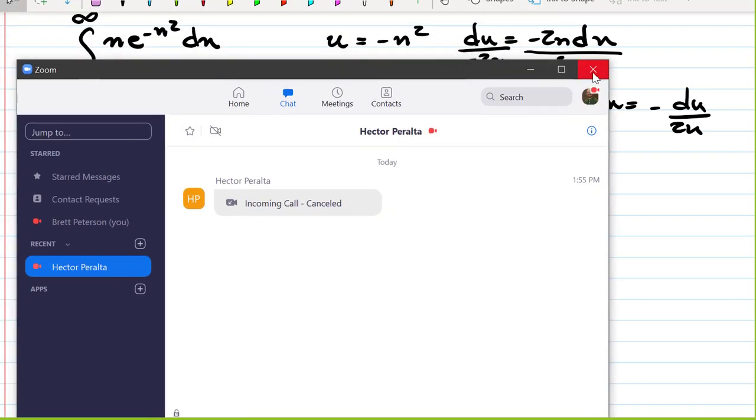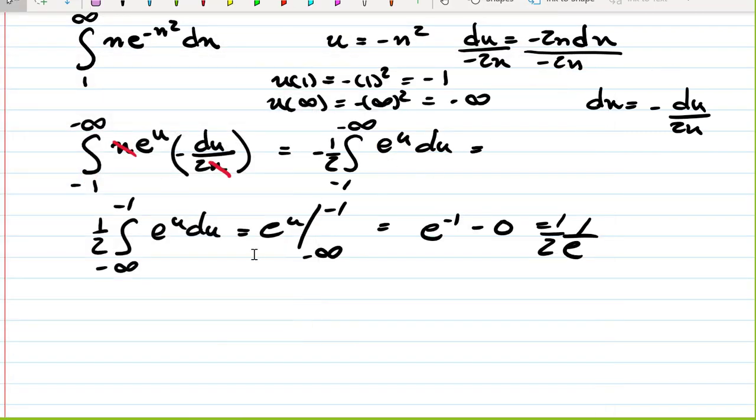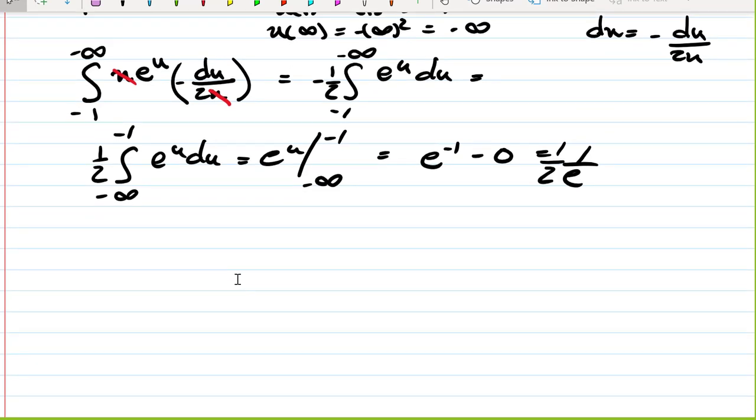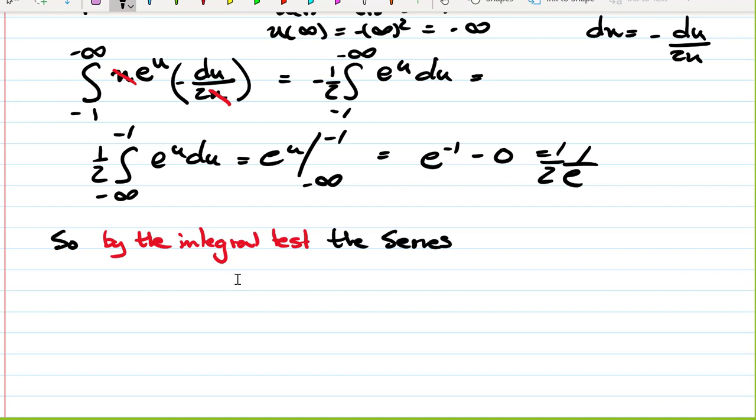Which is, by the integral test, our series converges. So, by the integral test, the series converges.